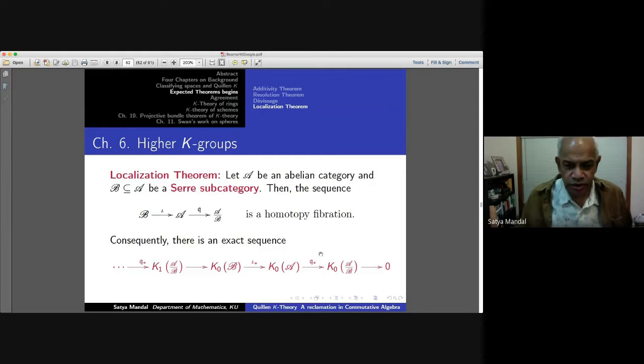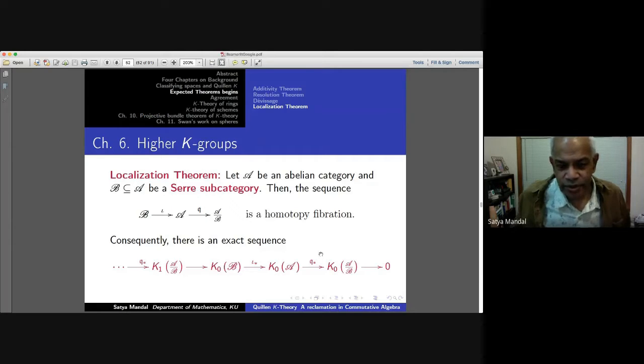The quotient goes with localization. What we teach in commutative algebra as localization is a quotient category. So if you have a Serre subcategory of an abelian category, then the sequence of functors B to A, the inclusion, to the quotient, is a homotopy fibration.